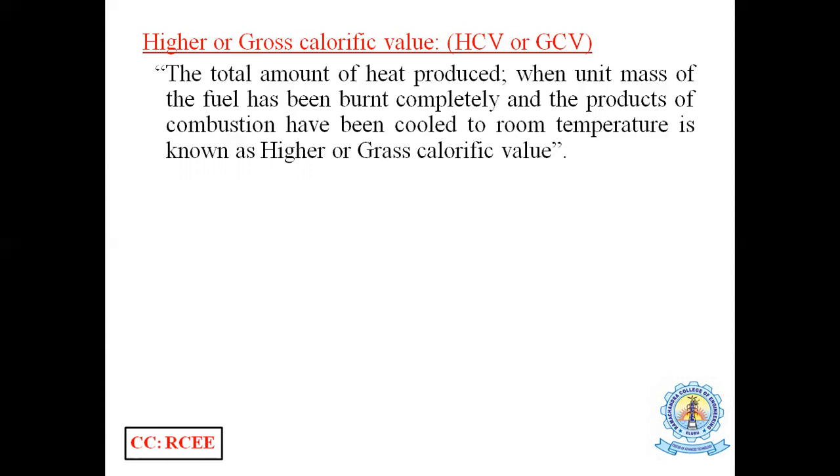Because fuel is mainly constituted by carbon. So carbon reacts with oxygen to form carbon dioxide. Those products are cooled down to room temperature. When you cool down those products, you measure how much heat is produced. The total is called the higher or gross calorific value.